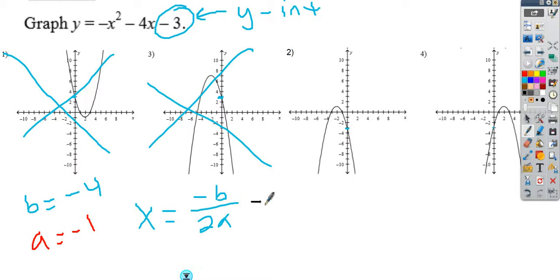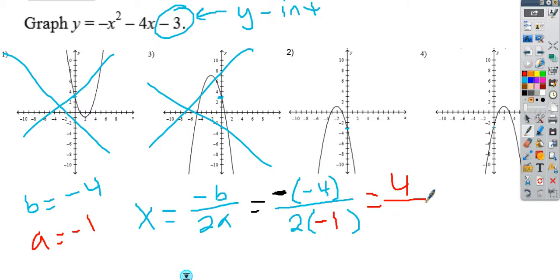So this equals, and in the formula we have a negative. We also have a negative in our b value, so it's negative negative 4 divided by 2 times a, which happens to also be negative 1. So negative negative 4 turns into a positive 4 over 2 times negative 1, which is negative 2. So our axis of symmetry is x equals negative 2.